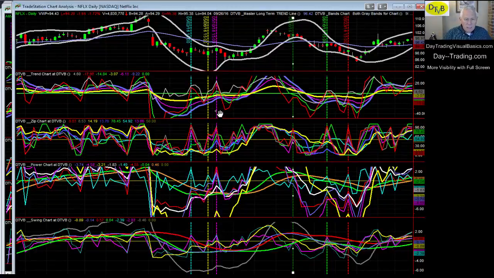The next three, again, all three are red spikes. I'll do the yellow one first because that is a smaller red spike. It also has a zip green at 0, and it has a green candle. Power Zion has crossed over 0, but it's real high.